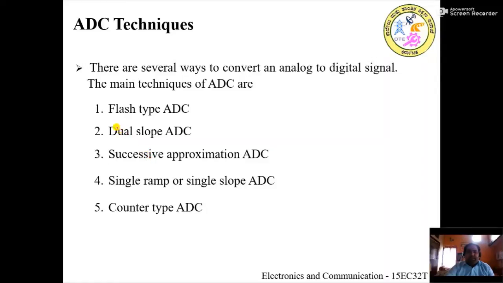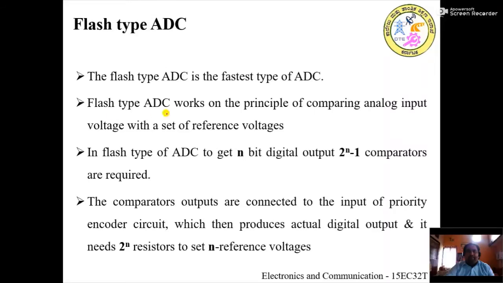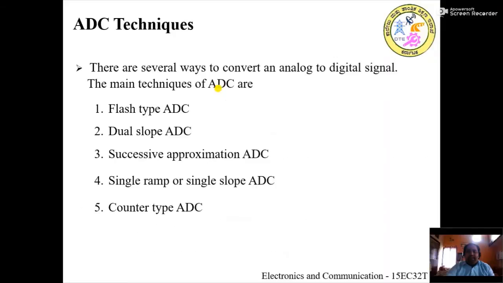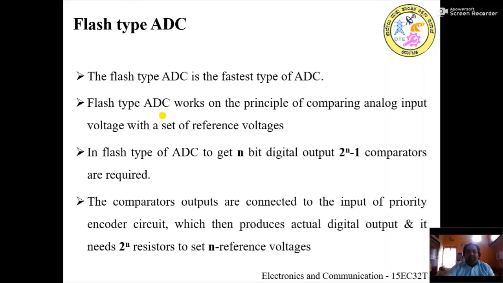So we will discuss the very first one, that is the flash type of ADC. The flash type of ADC is the fastest type of ADC. As we know, for your curriculum these three ADCs are included. Among these three, the flash type of ADC is the fastest as the conversion speed is very high here.